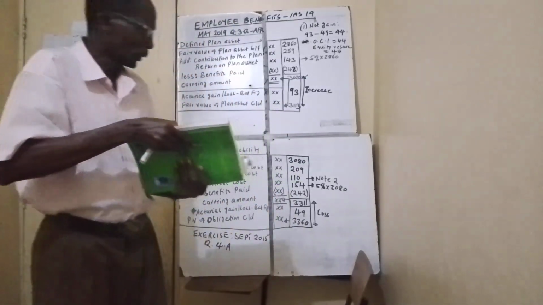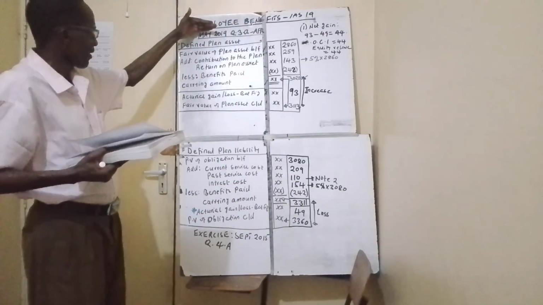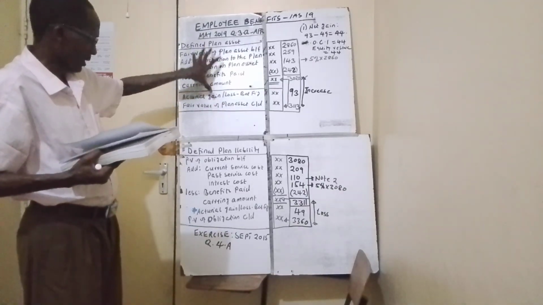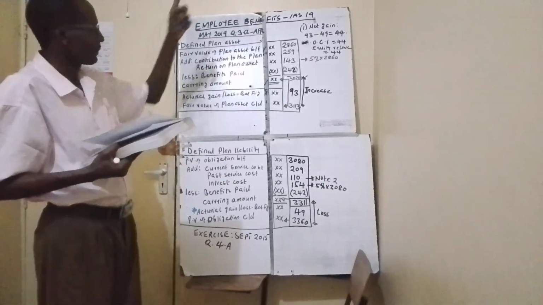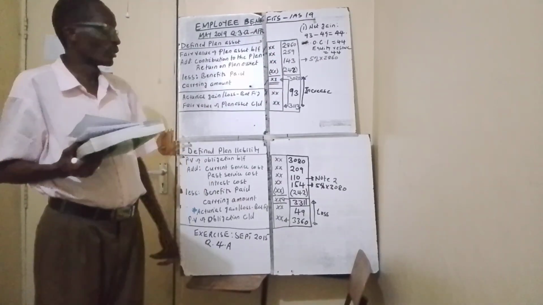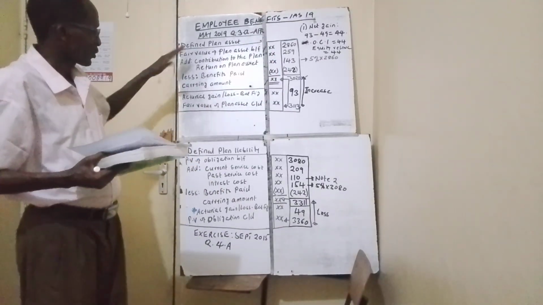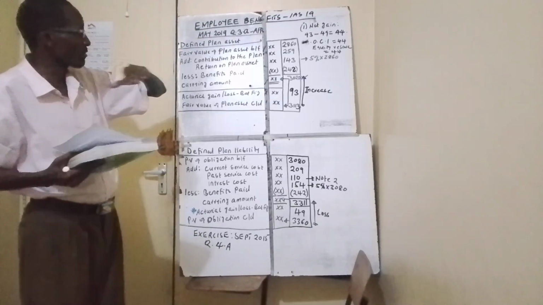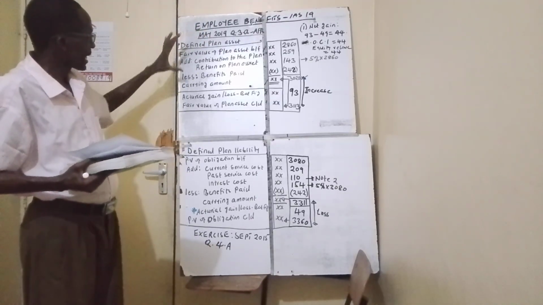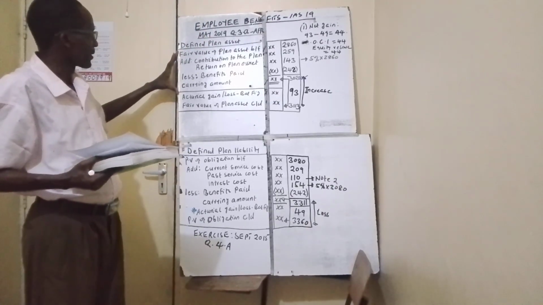So what you need to do is understand this format, the way it is presented here, because yours will only be picking that number and then fixing it where it belongs. So for example here, in the examination, understand your defined plan asset as these items here, the way they appear here.